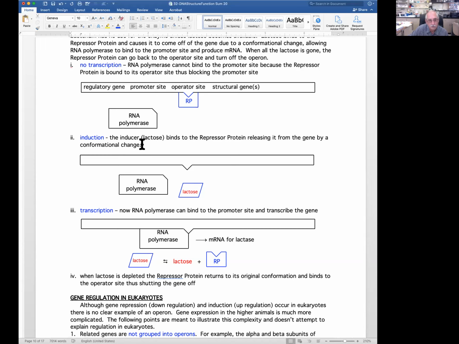An inducer, in this case lactose, binds to the repressor protein and causes it to change its conformational shape. That then causes the repressor protein to drop off. RNA polymerase can now bind to its site, which is the promoter site, and then it simply proceeds in the 5' to 3' direction, making the messenger RNA for lactase.